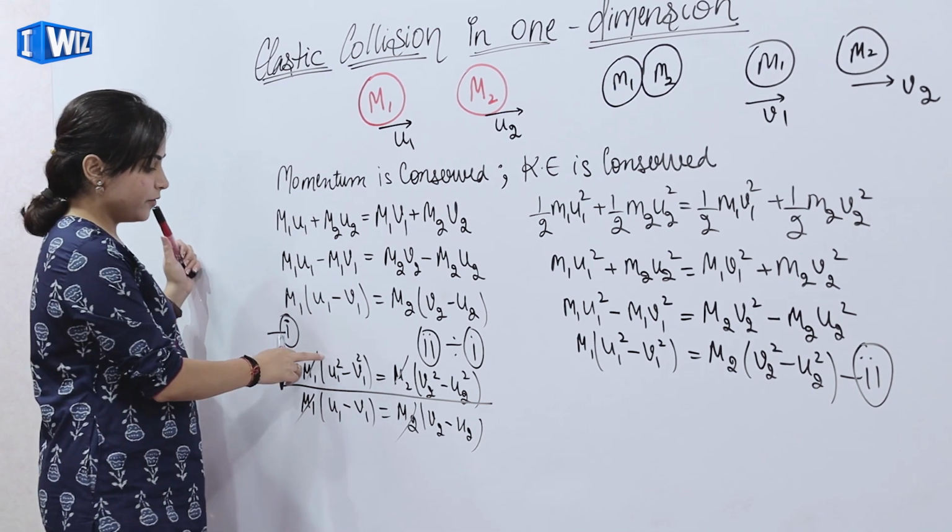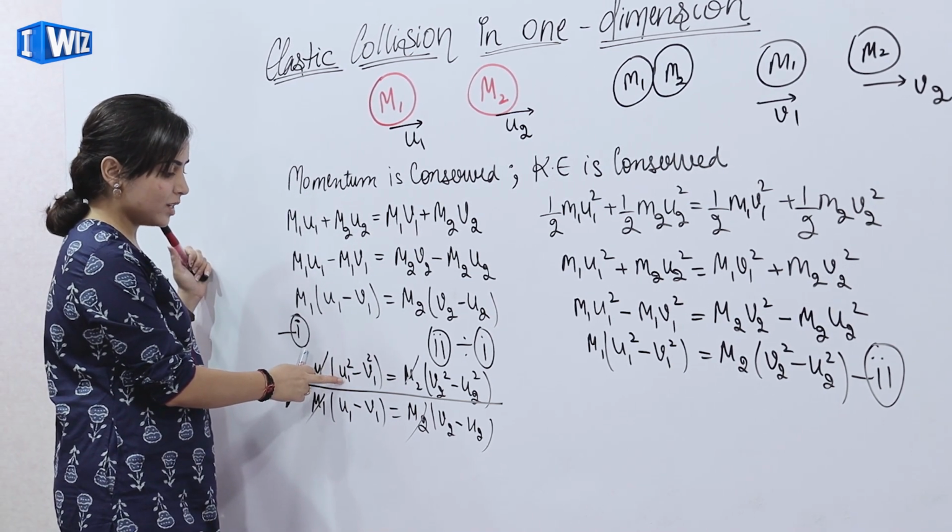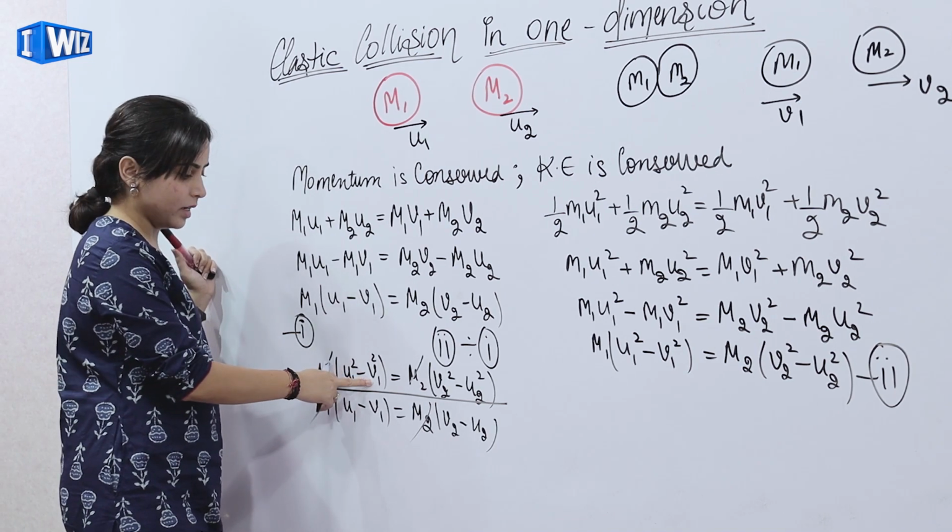Now we see this is u1 square minus v1 square.